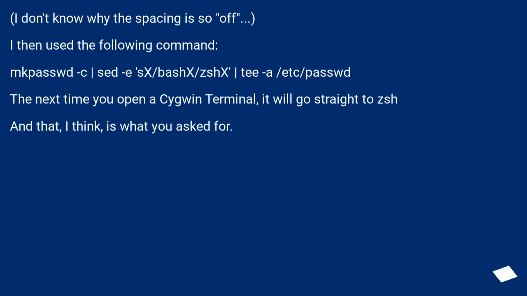I then used the following command: mkpasswd -c, then sed to replace /bin/bash with /bin/zsh, writing to /etc/passwd. The next time you open a Cygwin terminal, it will go straight to ZSH. And that, I think, is what you asked for.